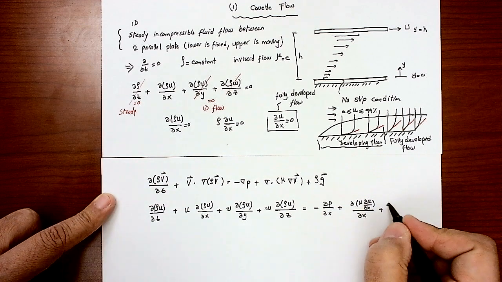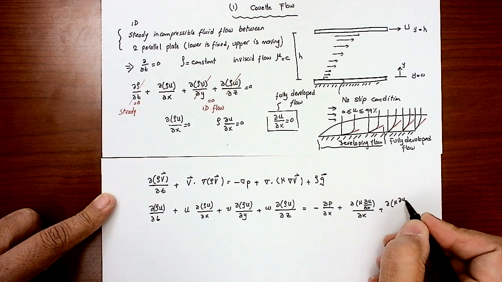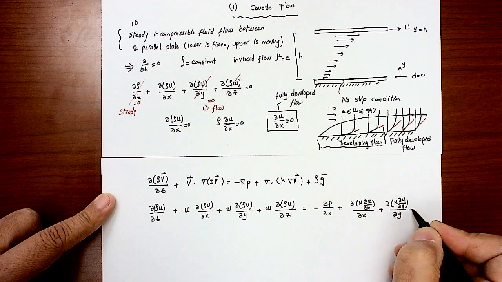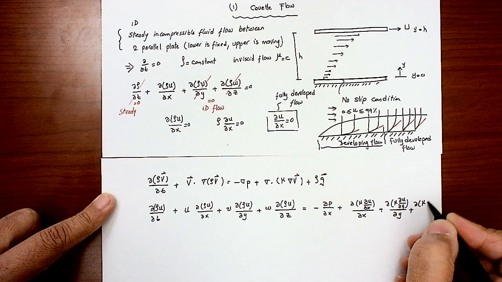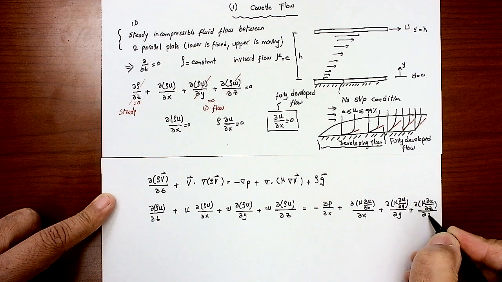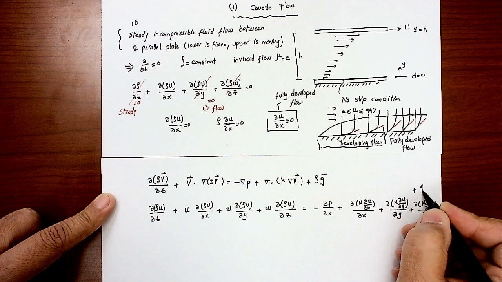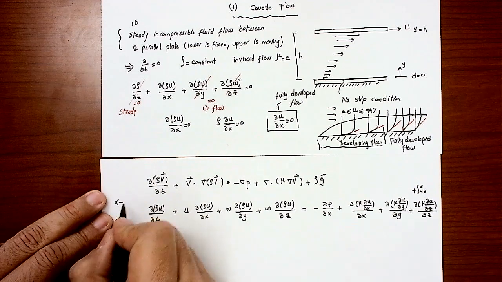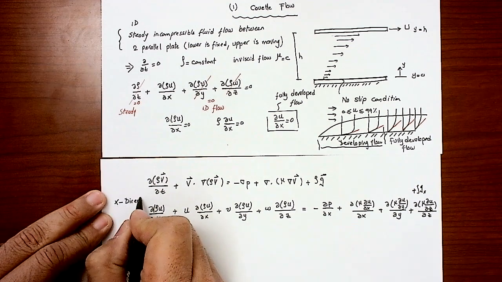Plus partial mu partial u by partial y, this is total for y, plus partial mu partial u by partial z, plus rho g in the x direction. This is the momentum equation in the x direction.